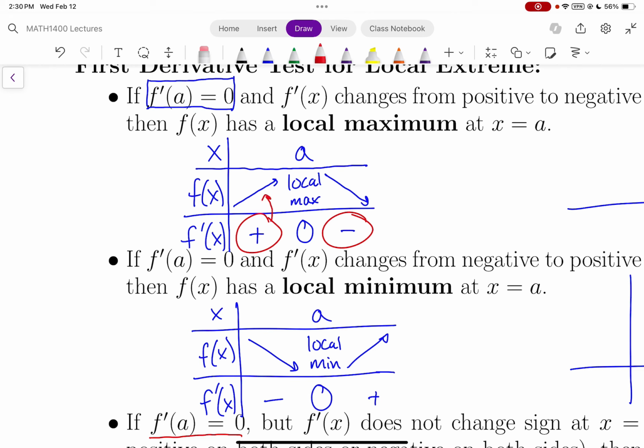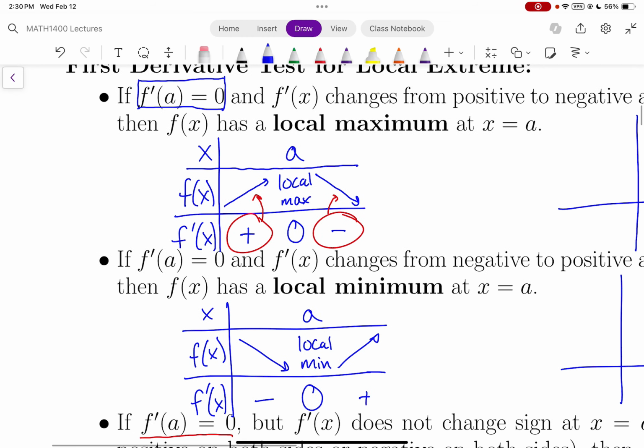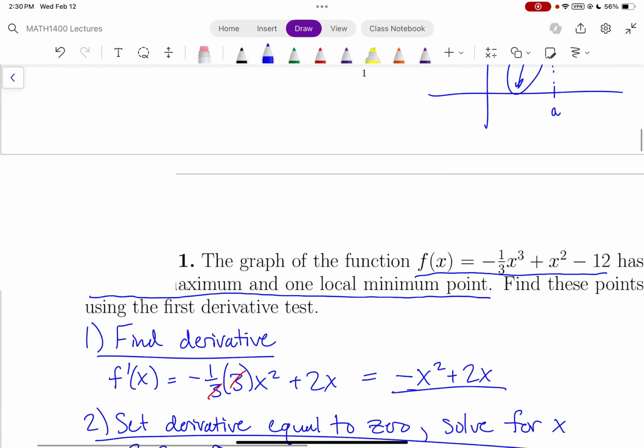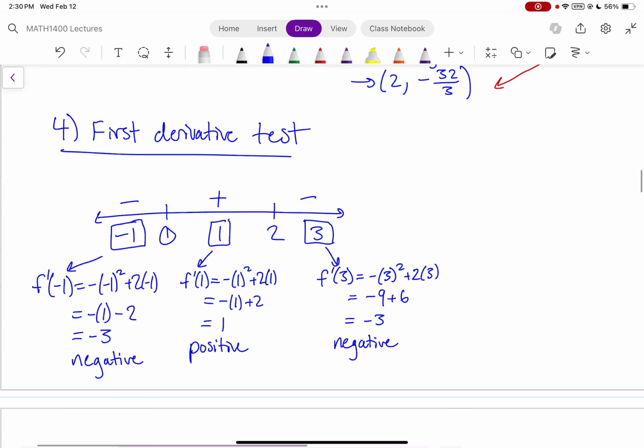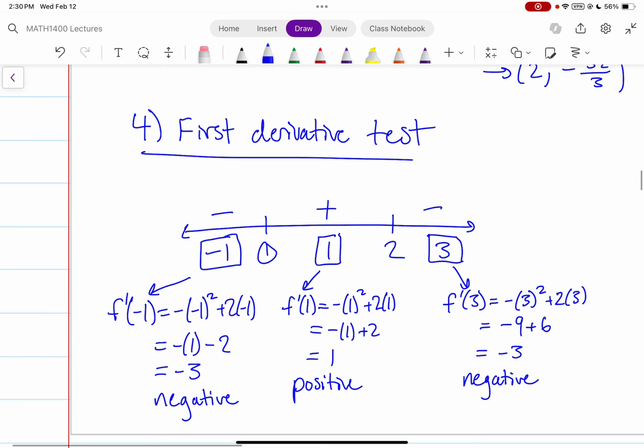That means that our function is increasing. That's what this blue arrow means. And then when the derivative is negative, that means our function is decreasing, this other blue arrow that's going down. And so what this tells me, well, over here on the left, this negative means that my function is decreasing.